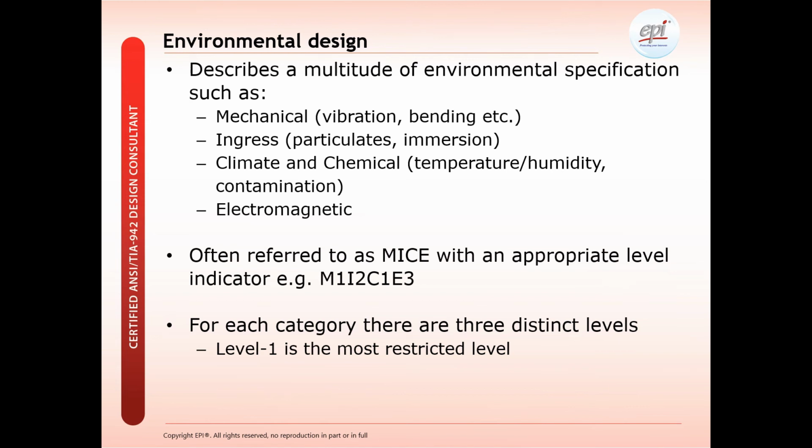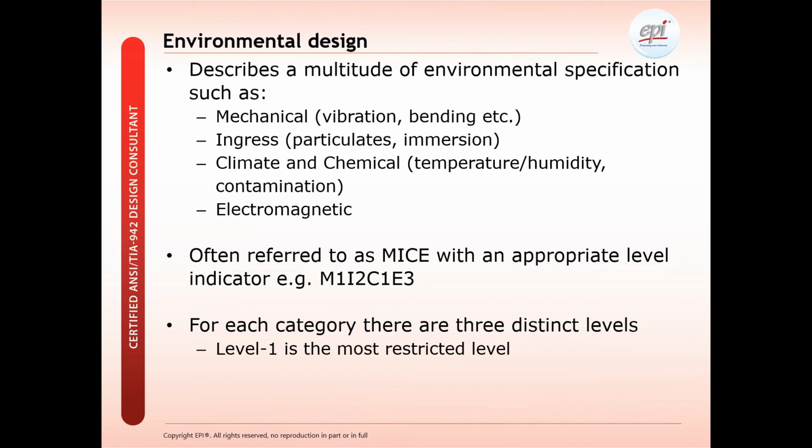We also need to consider aspects around climate, aspects around chemicals, contaminations, and how temperature and humidity will impact on the long-term reliability, and how contaminations plus humidity levels will also impact on the long-term reliability, and how we should be mitigating against these particular aspects.